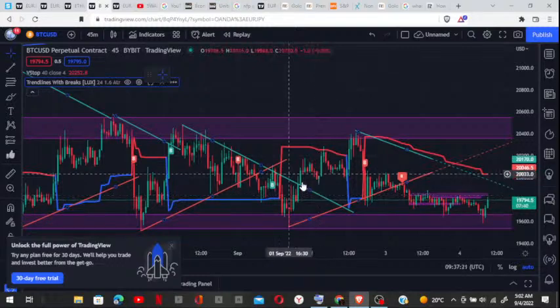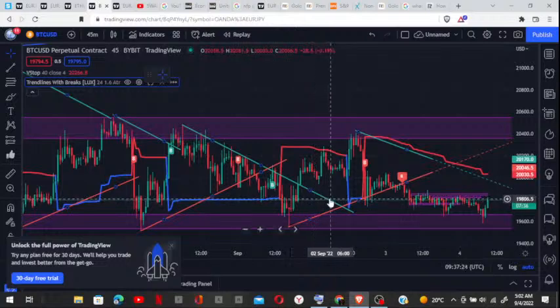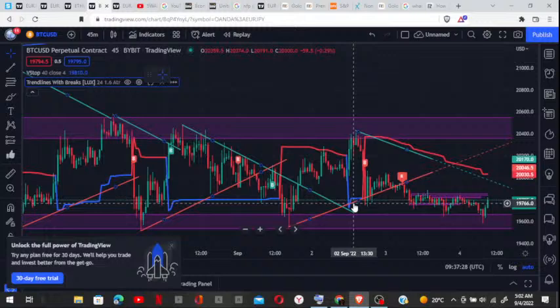This is our secret indicator for today. I'll be using this with that volatility stop plus the support and resistance to help us know when to enter the market and when to get out of the market.